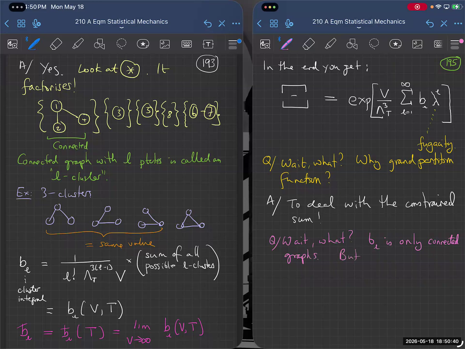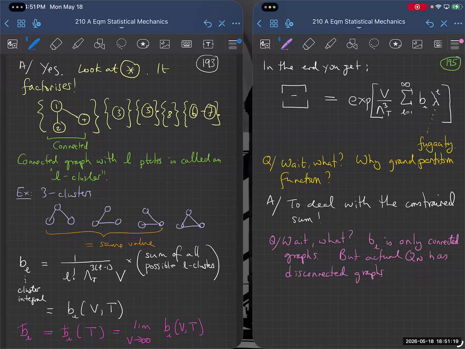But the actual QN has disconnected graphs in it, like I've shown in the middle of page 193. I've shown you how the thing factorizes. It has connected graphs like the first and the last one, and a bunch of disconnected ones. But this whole formula has none of those. It only has connected graphs.